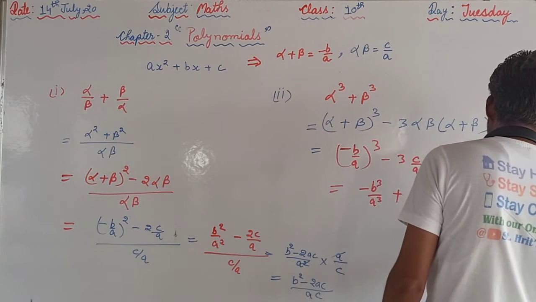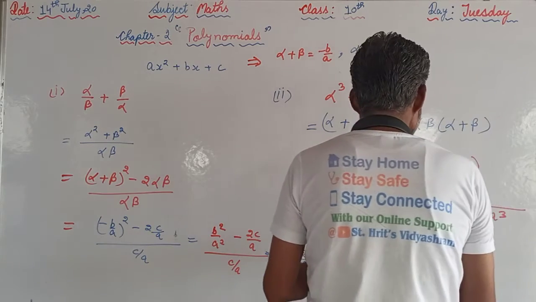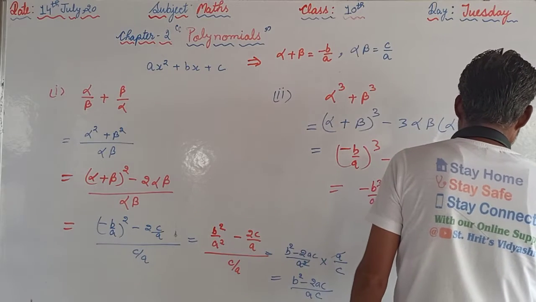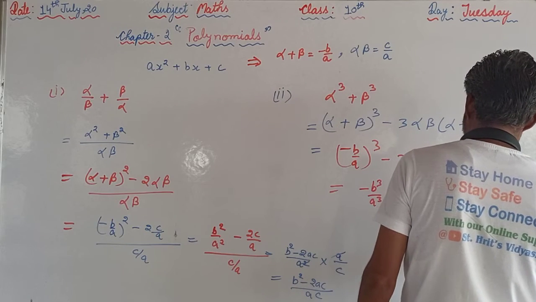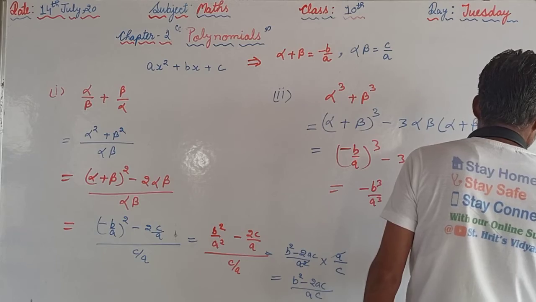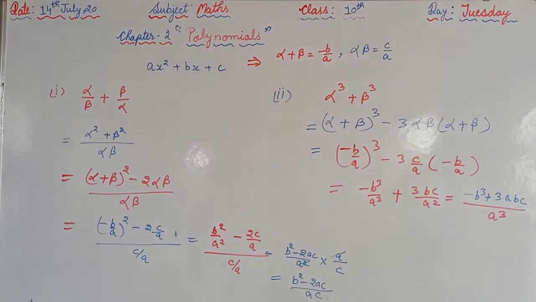So we will get a cube as the LCM and minus b cube plus 3abc. So this is the answer for that. I hope that you have understood.